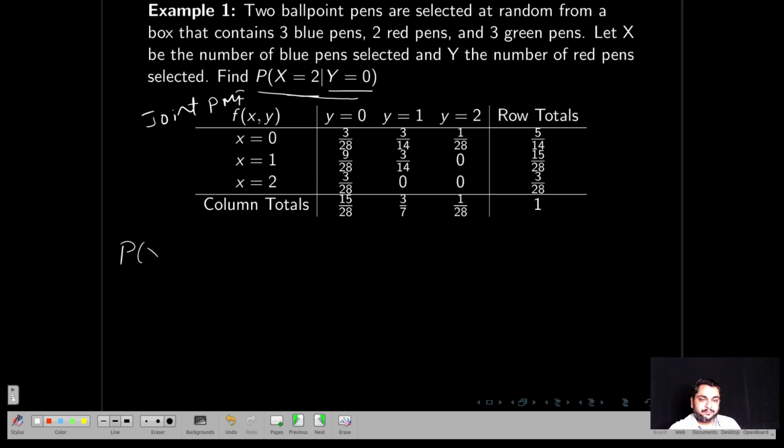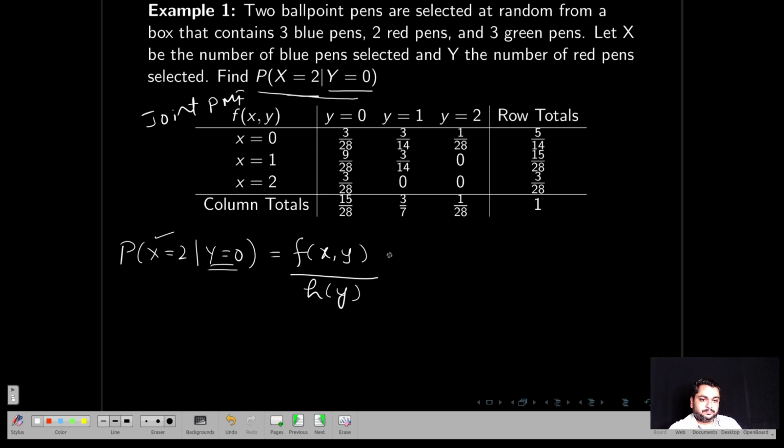So P of x equal to 2, y equal to 0. How will you find? This is nothing but the conditional PMF: f of x comma y, sorry, that is your joint PMF, divided by the marginal, since y is fixed here. Because given y, that means y is fixed, so x will change. So what is that? You will write h of y. That is the marginal distribution.